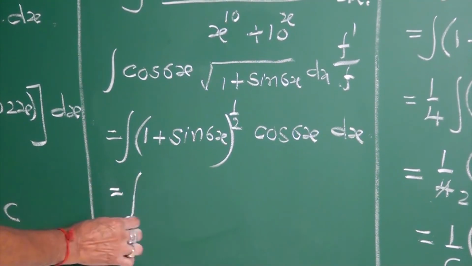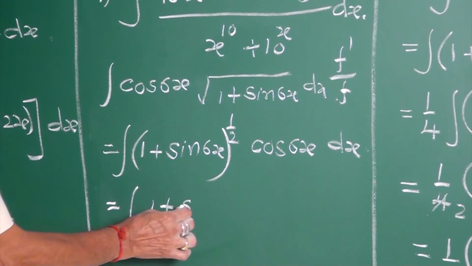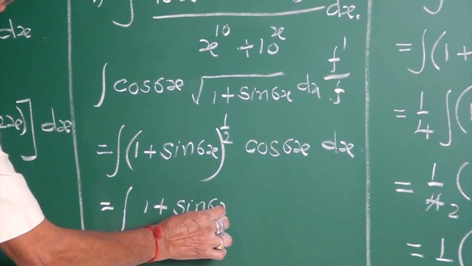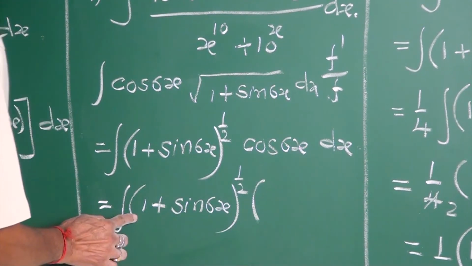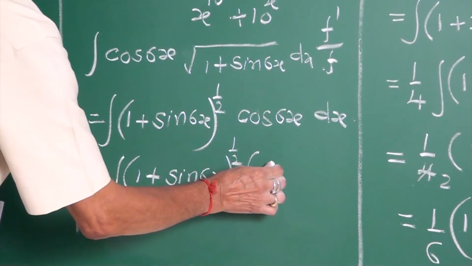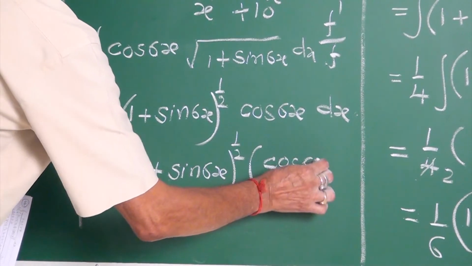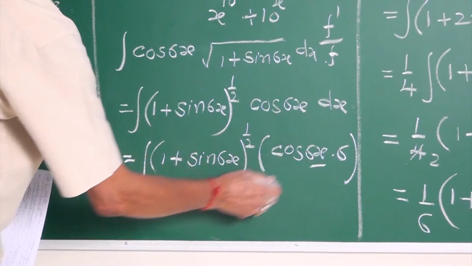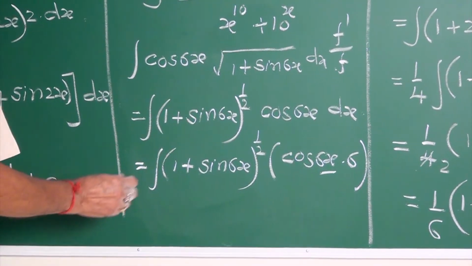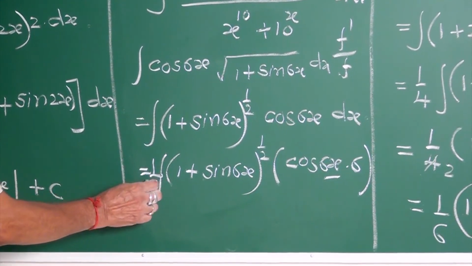This is the integral of 1 plus sine 6x to the power 1 by 2. The derivative of 1 is 0. The derivative of sine is cos 6x into 6, my friend. Why? Other than x, the derivative of 6x is 6. That 6 you have to adjust outside.